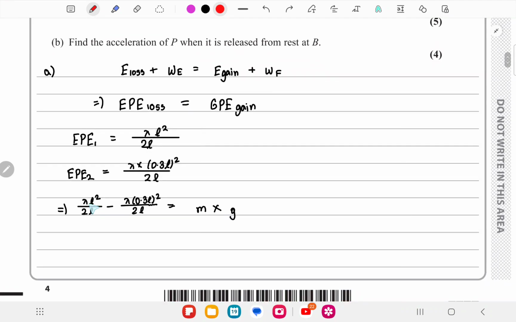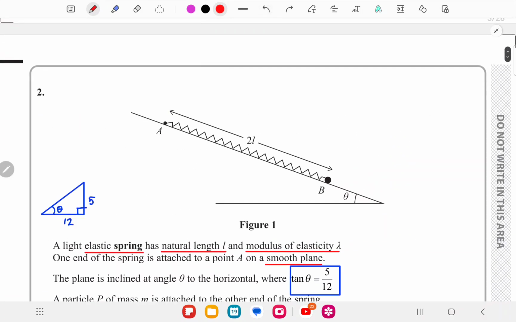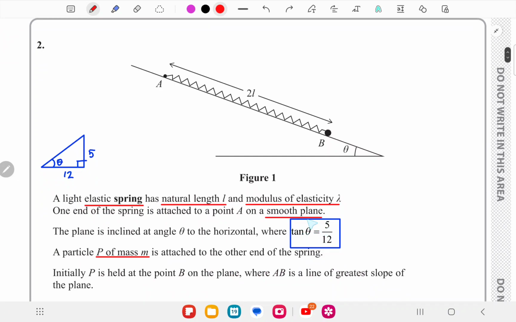Now we can just write this down. The EP loss equals EP1 minus EP2 equals mg delta h. Now we have to find the change in height. We are given the value of tan theta equals 5 by 12.